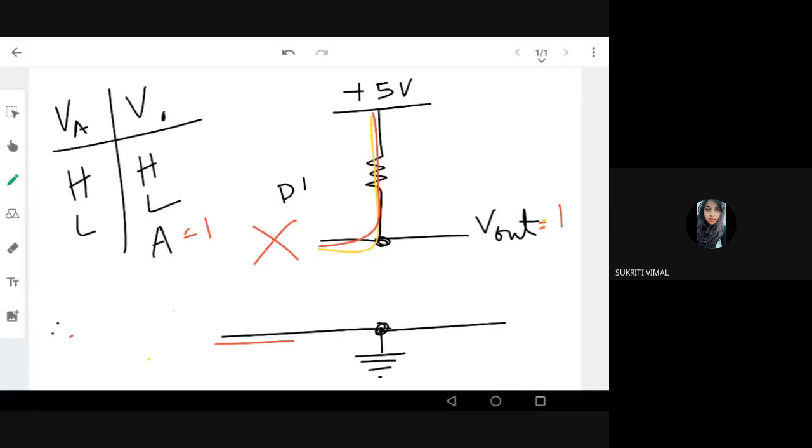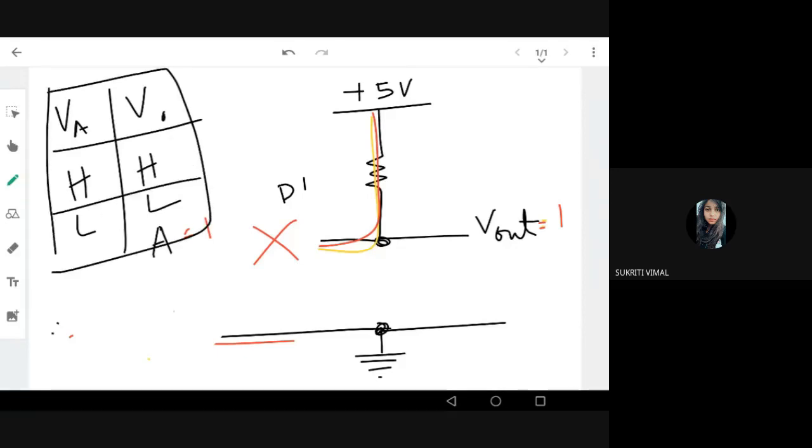When VA is high, the diode is off, and when the diode is off, Vout is high. If the diode is on, that means VA is low, and my V output is low. So this is my truth table.